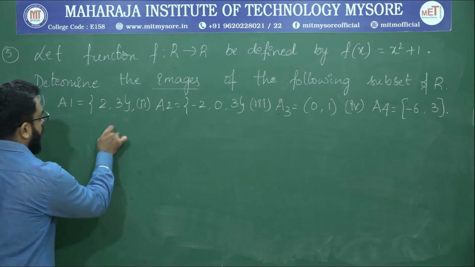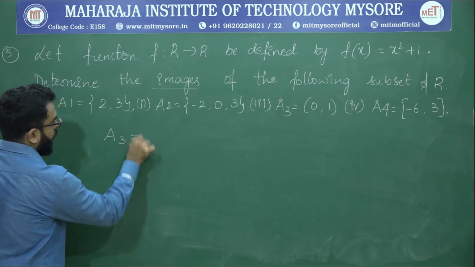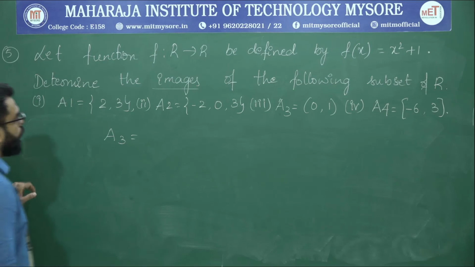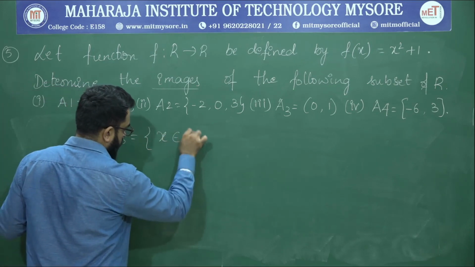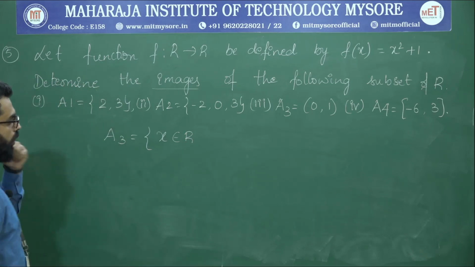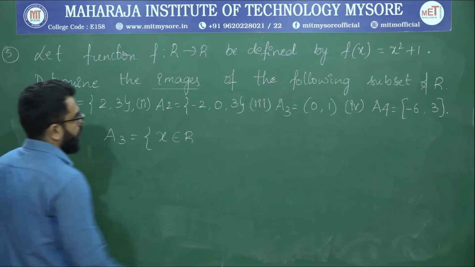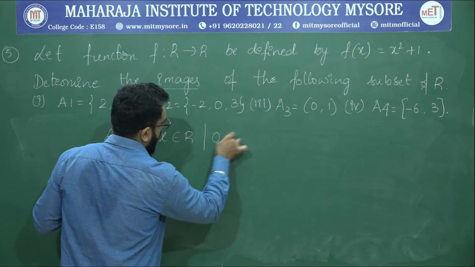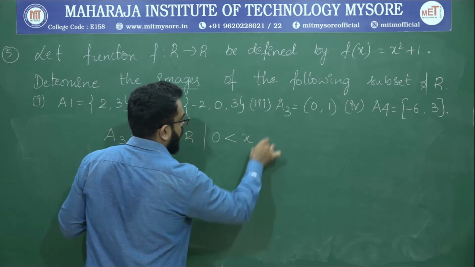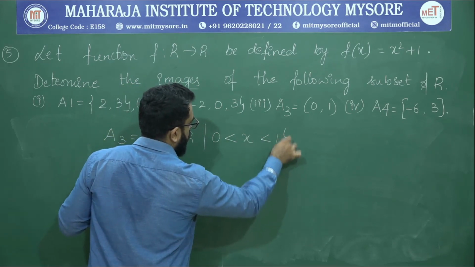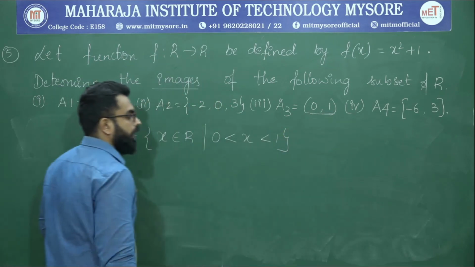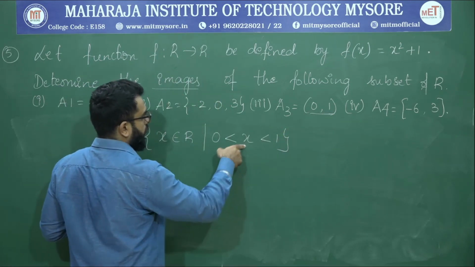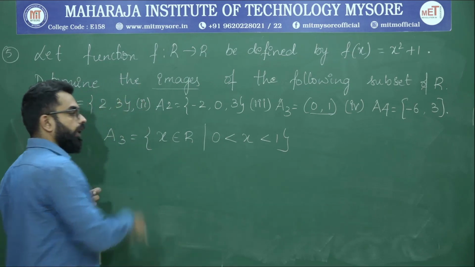So we will write A3 as a set. How do we write A3 as a set? A3 is the set where x belongs to the set R on which the function is defined, where this x will be between 0 and 1. So whatever is given here is the range of the particular x that belongs to set A3.